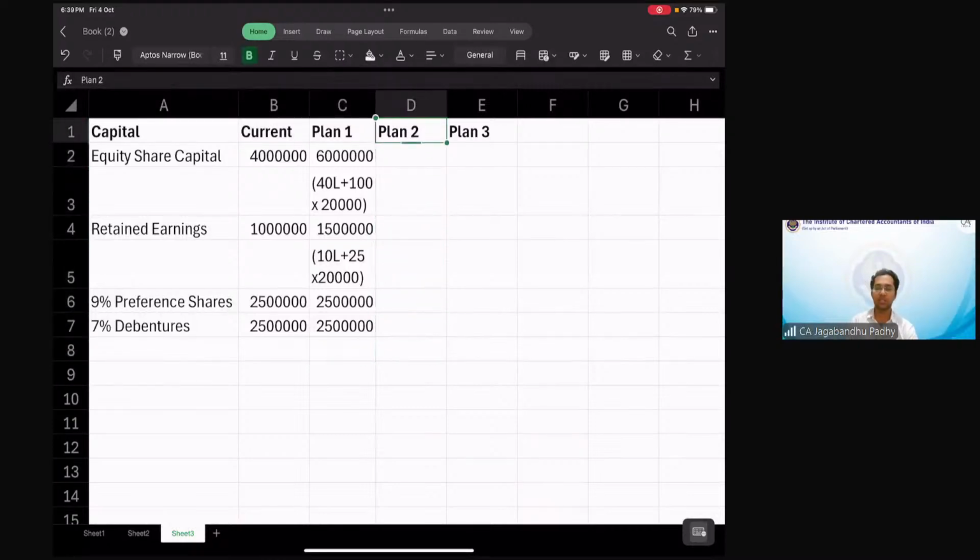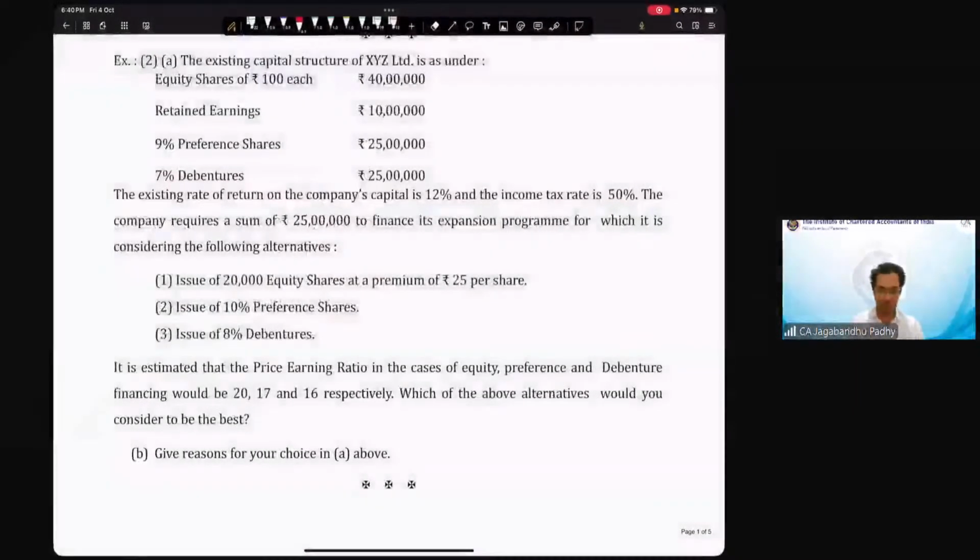What about the second plan? The second plan is by way of preference shares.